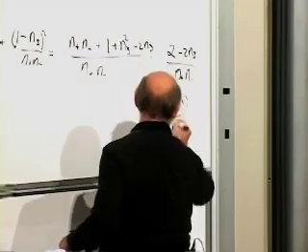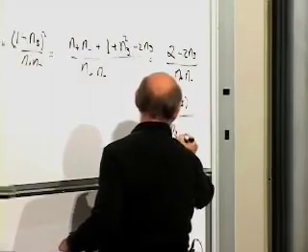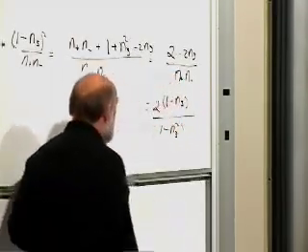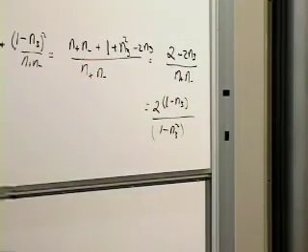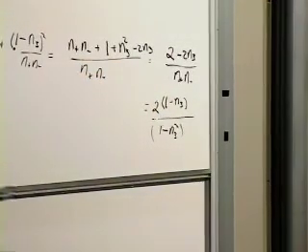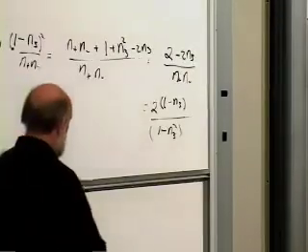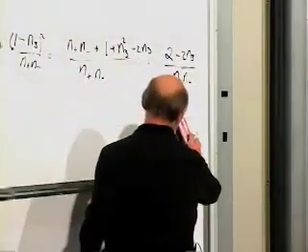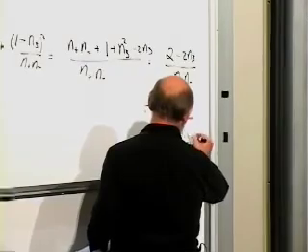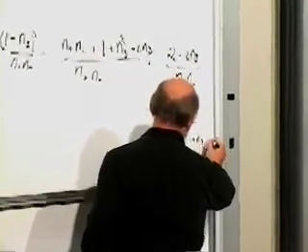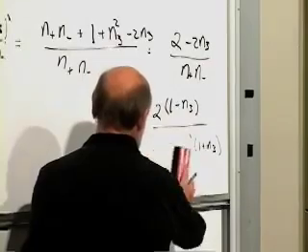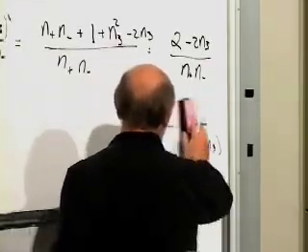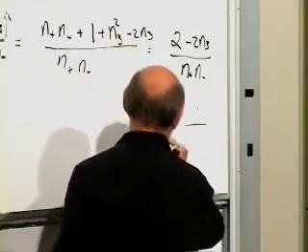And then in the denominator, that's 1 minus n3 squared, which is 1 minus n3 times 1 plus n3. And don't worry if you're not following, because I'm going to make you do it over for homework. All right, and then we cancel out the 1 minus n3. We get an answer. The answer is 2 divided by 1 plus n3.